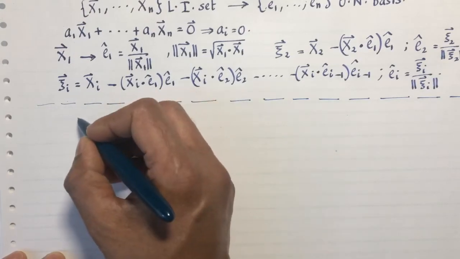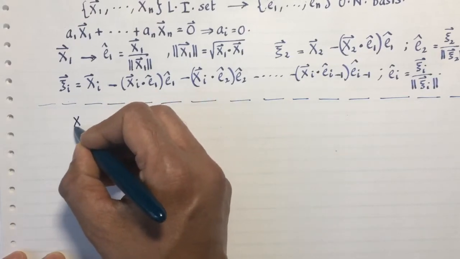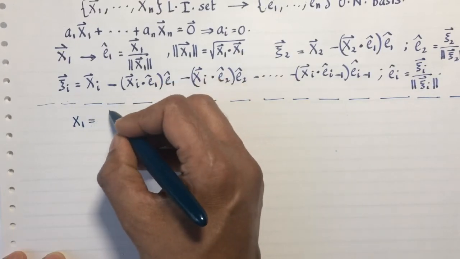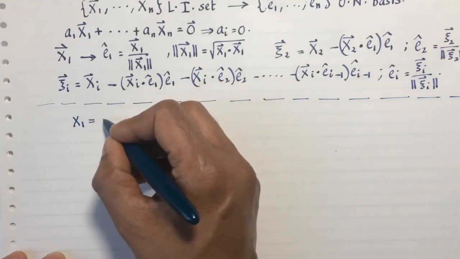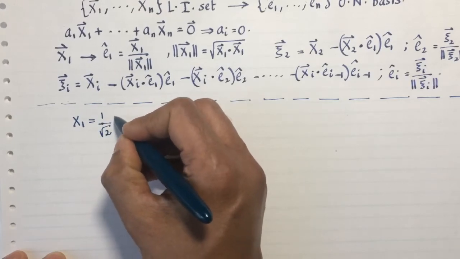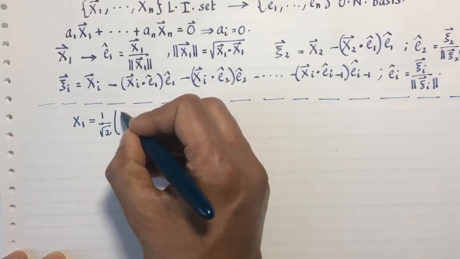I'll write those vectors x1 as 1 over root 2 times (1, 1).